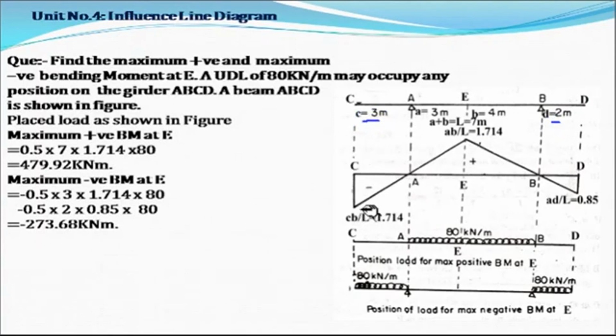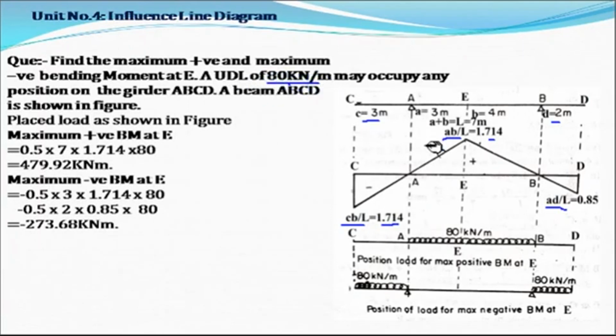First draw the influence line diagram for bending moment at the section E. We know these values: CB upon L, AB upon L, AD upon L. Put these values and we'll get these ordinates. Now they are told to find out the maximum positive bending moment at section E. Here the UDL is of intensity 80 kilonewton per meter.